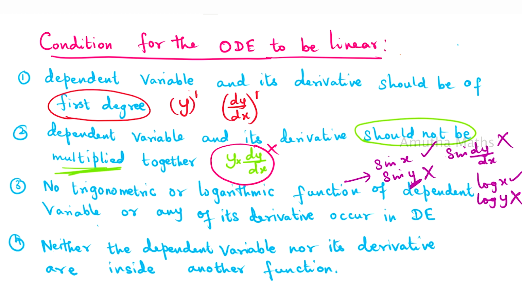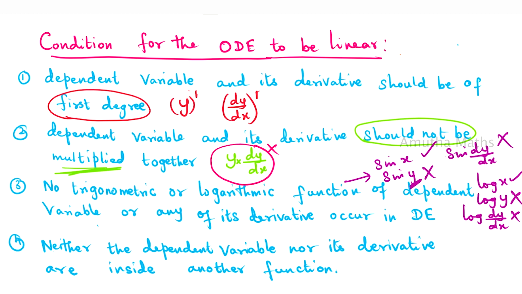Similarly, sin dy by dx is also not allowed. And similarly for log: log x is allowed, but log y is not allowed, and log dy by dx is also not allowed. So you should be very careful. Only sin x, with the independent variable, is allowed.